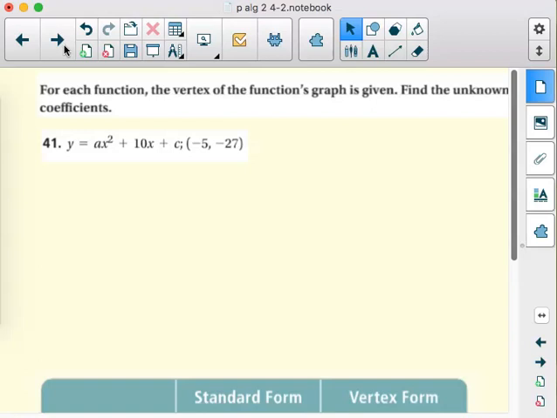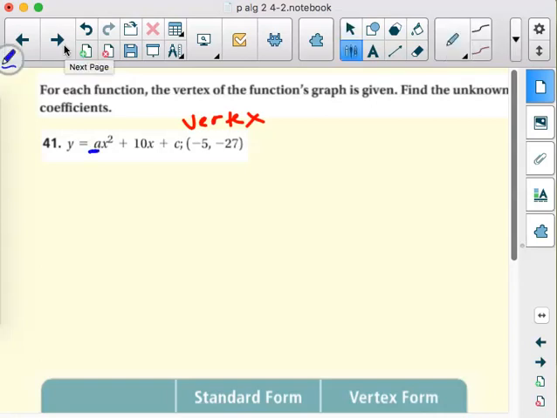So this says for each function, the vertex of the function's graph is given. So that's our vertex. Find the unknown coefficients. Oh, so it looks like I have to find A. Hey, they gave me B. B is 10, but I don't know what C is.